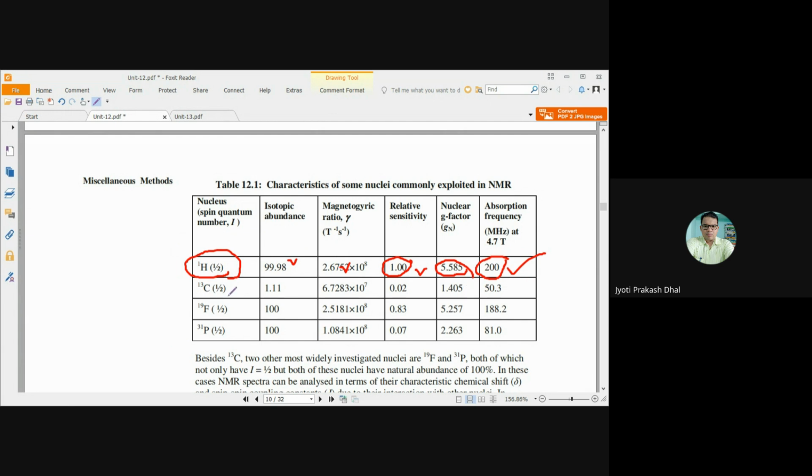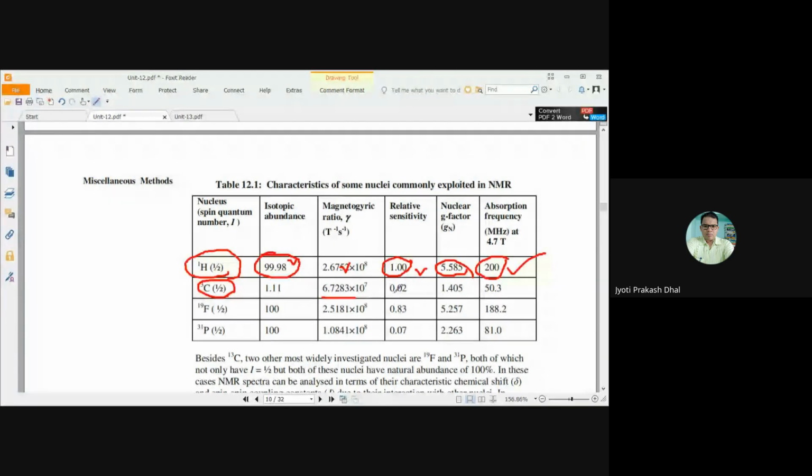And if you use carbon 13 NMR, its spin value I equals half. The abundance of proton NMR is 99.98%, but for carbon 13 it is 1.11%, and here the gyromagnetic ratio is this.